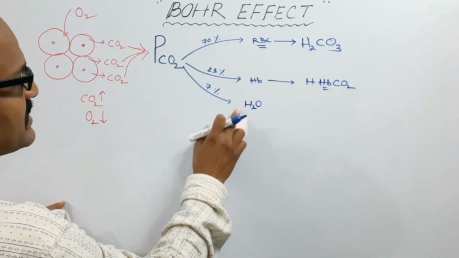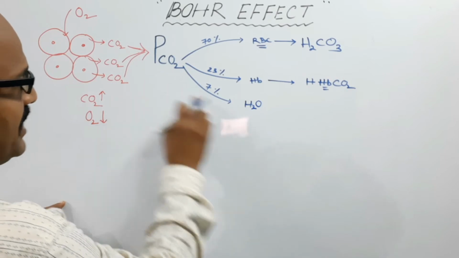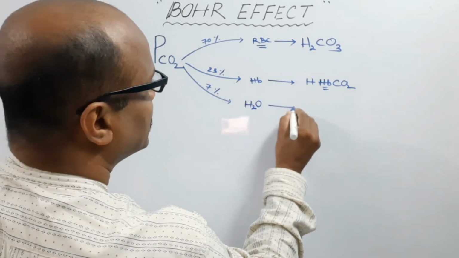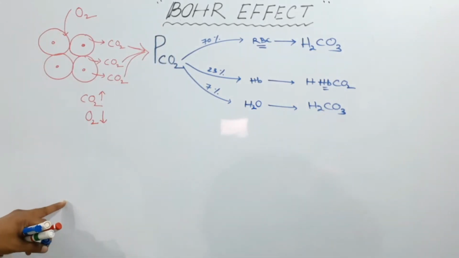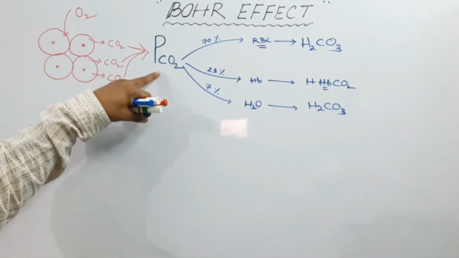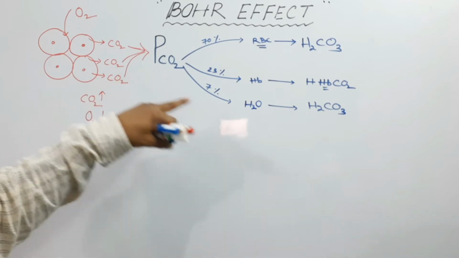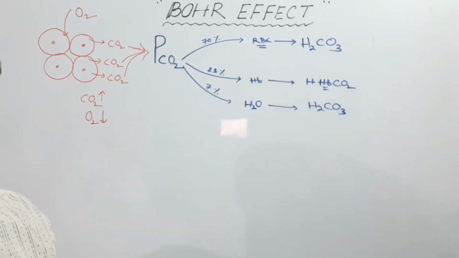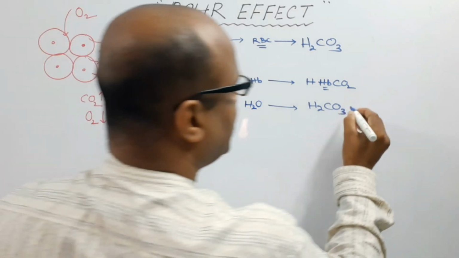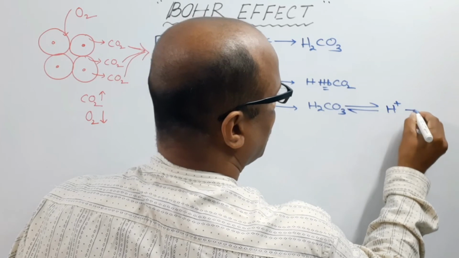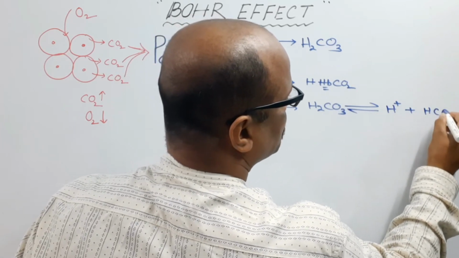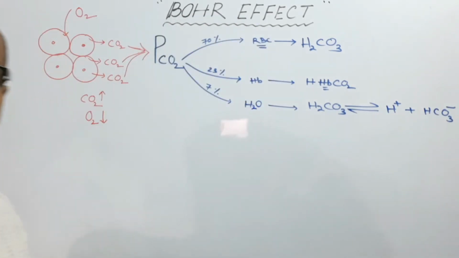And the remaining percent of carbon dioxide reacts with water and forms carbonic acid. So most of the carbon dioxide is transported in the form of carbonic acid, and this carbonic acid readily dissociates into H plus ion and HCO3 bicarbonate ion.